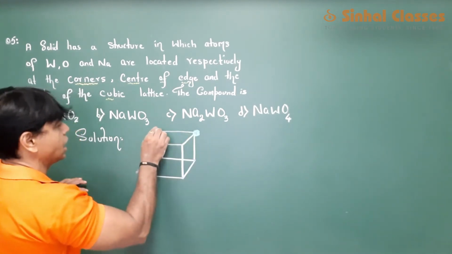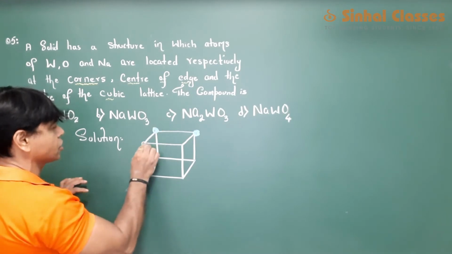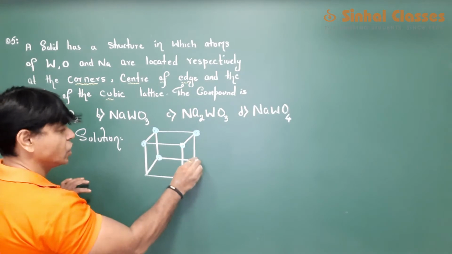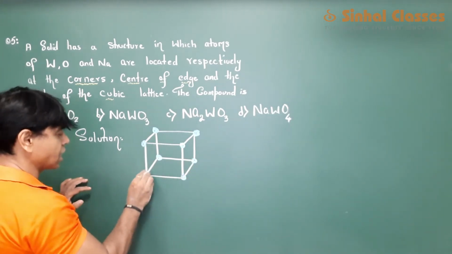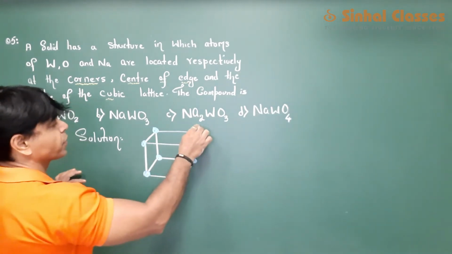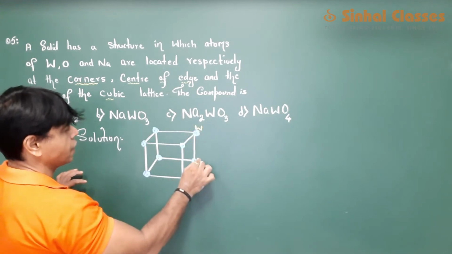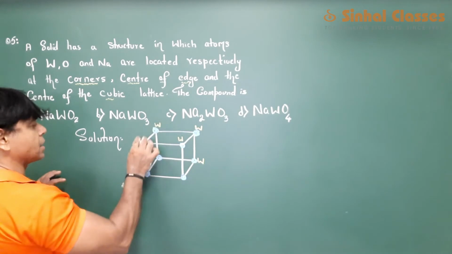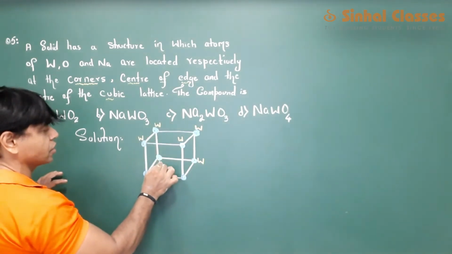There are total 8 corners. So what is present at the corners? Tungsten is present at the corner. So here is tungsten, here is tungsten, here is tungsten present at the respective corners.